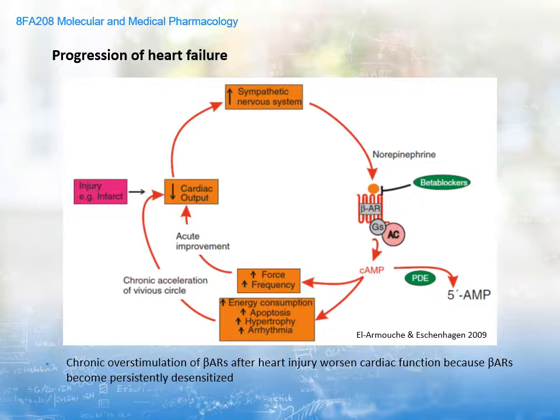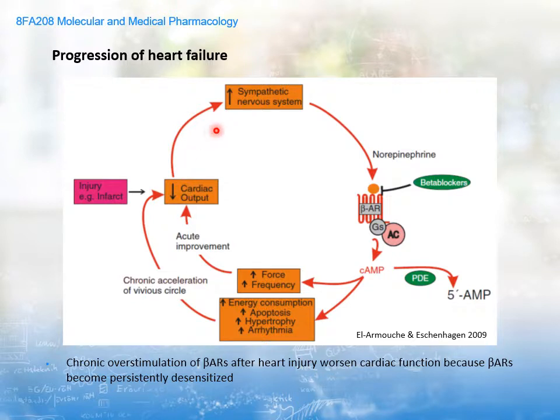Well, if we think in terms of what's happening with heart failure, what is leading to heart failure, this has to be seen as a two-step process. The heart, in regular conditions, is going to respond to injuries, for example, infarct, but also other challenges. These injuries result in a decrease in cardiac output. When that happens, the heart wants to return cardiac output to its normal levels. And how does it achieve that?